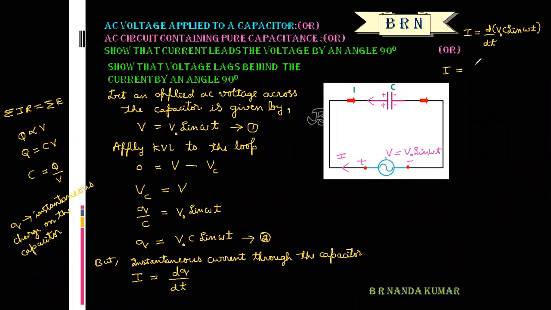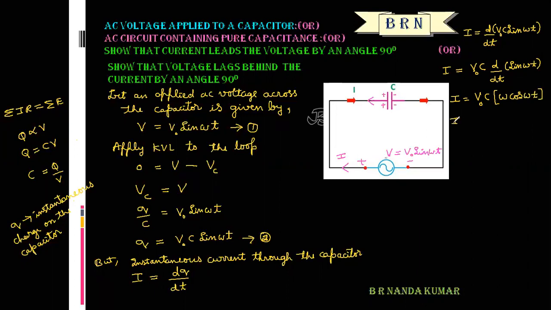Here V naught C is constant, so it is taken outside, d by dt of sine omega t. So I is equal to V naught C, d by dt of sine omega t. The value of d by dt of sine omega t is omega cos omega t.